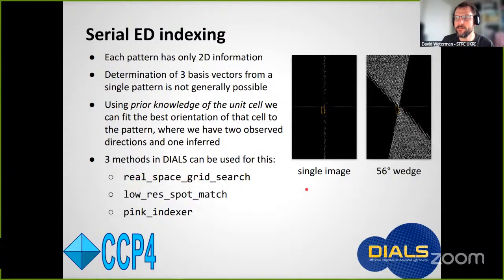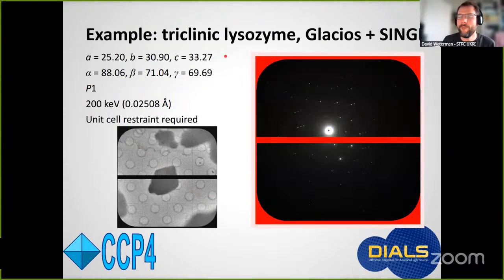The real space grid search method that's been in there for many years and was used for X-ray data sets with very, very narrow wedge data sets at the synchrotron. And then 2 newer methods, one called low-res spot match and another called pink indexer, which was adapted from code that's used in CrystFEL. And we've been trying these out.